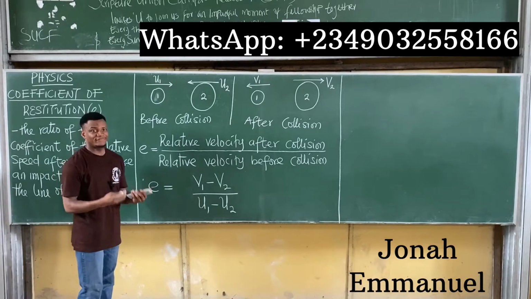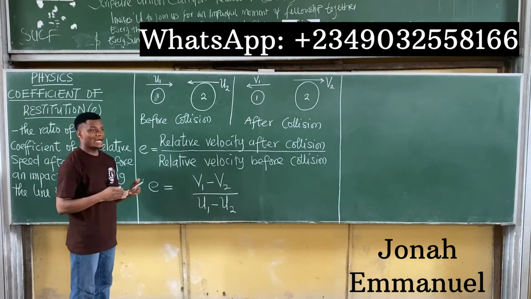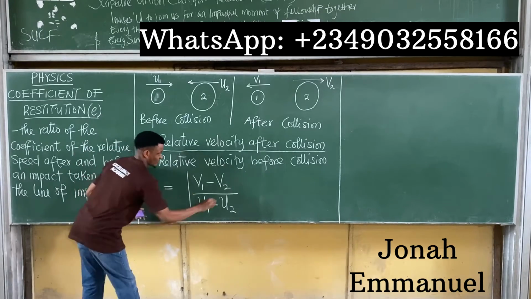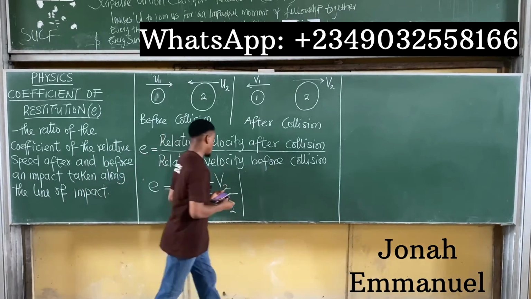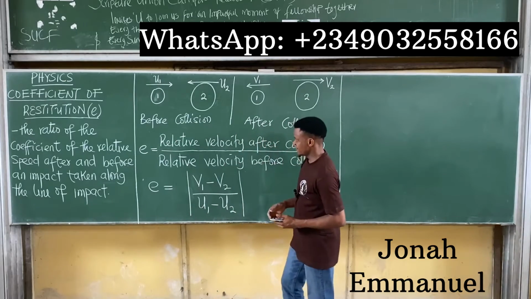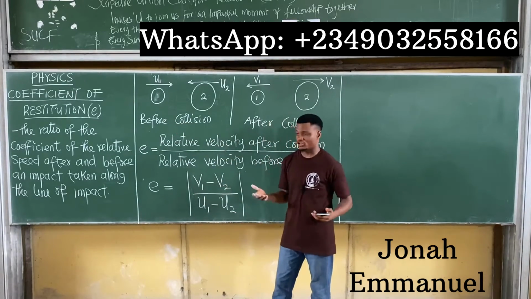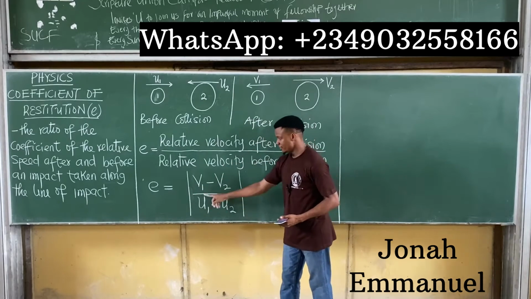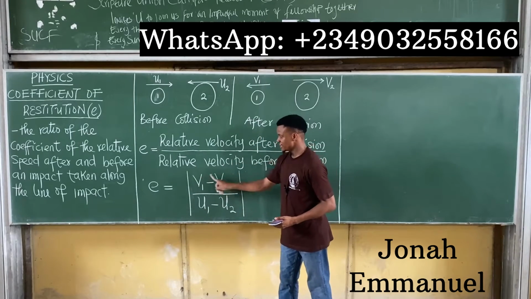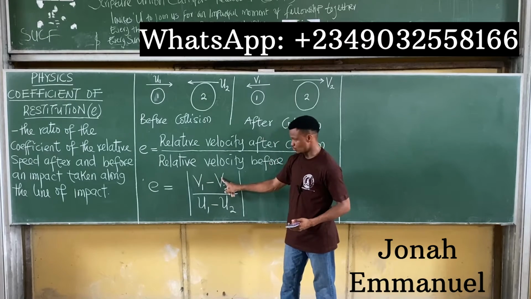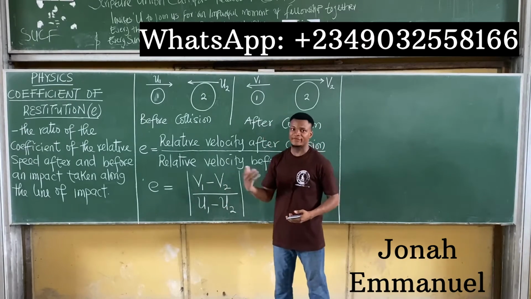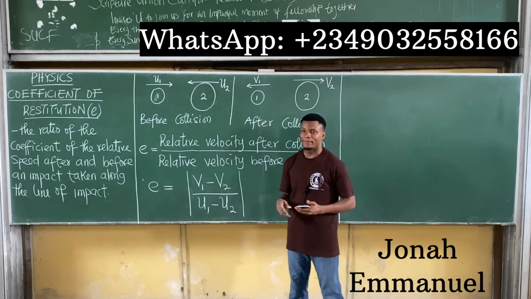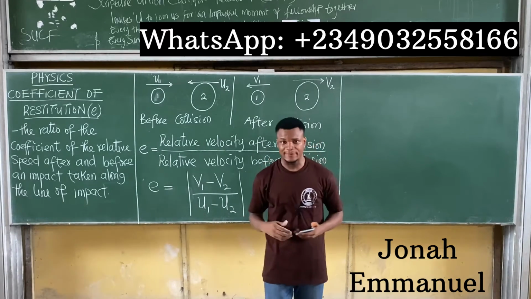I don't want a negative value, because this value is always positive. So to make this positive, I will just take the absolute value. So in mathematical form, coefficient of restitution is equal to the absolute value of the ratio of the relative velocity after collision to the relative velocity before collision.